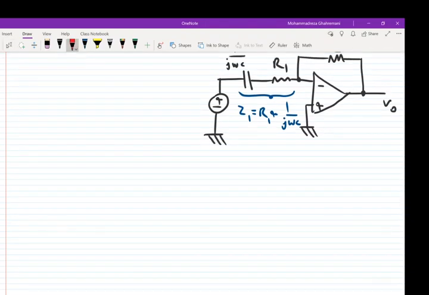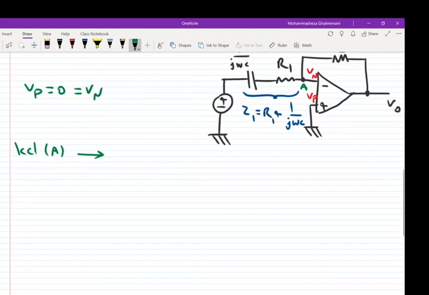Also, we know that Vn is equal to Vp. Vp is connected to the ground, which is equal to 0, so it is equal to Vn. Now we write KCL at this node. Let's just call it node A.